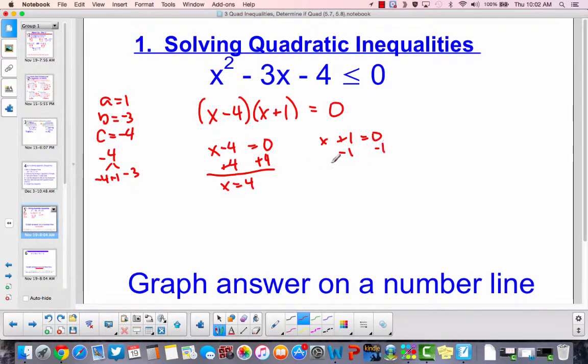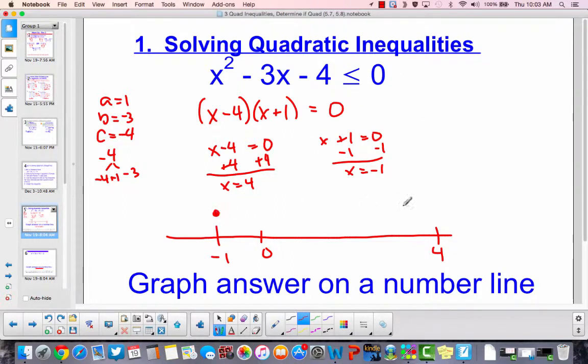Subtracting 1 from both sides, I get x equals negative 1. So now I'm going to draw my number line. Okay. Here's my negative 1. Here's 0. Here's 4. Now, because this was less than or equal to, these are going to be closed dots here. It's going to be a closed dot here, and it's going to be a closed dot here.